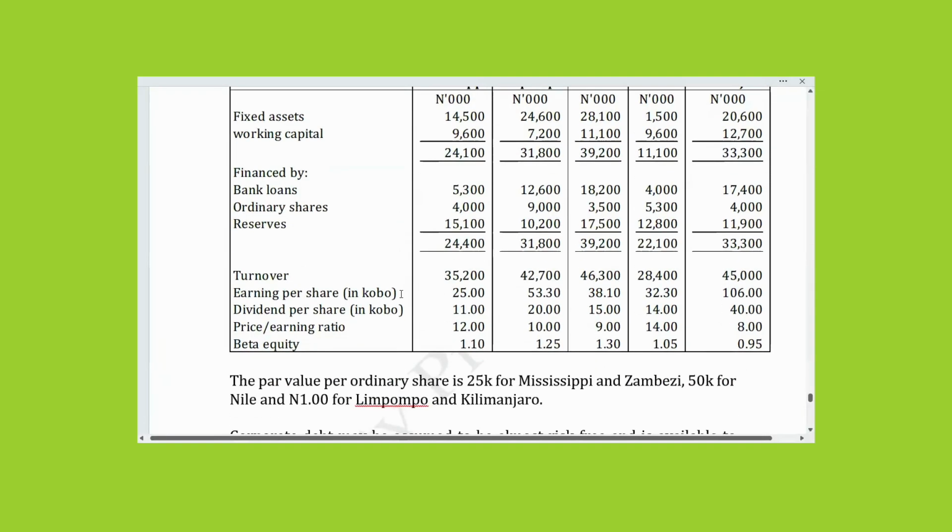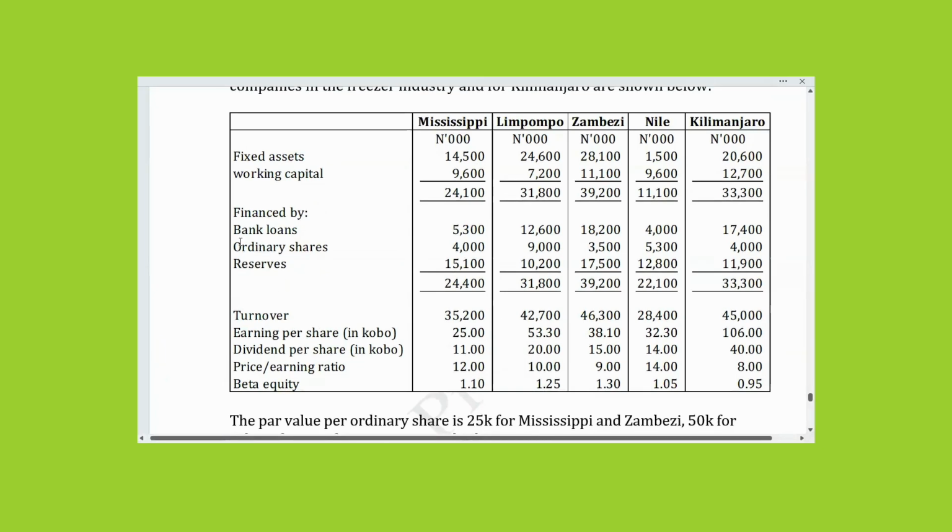So how do I calculate equity value? We said equity value is number of ordinary shares multiplied by share price. According to the question, we are given ordinary share capital of 4,000, 9,000, 35, and then 53 for Mississippi, Limpopo, Zambezi, and Nile, respectively.